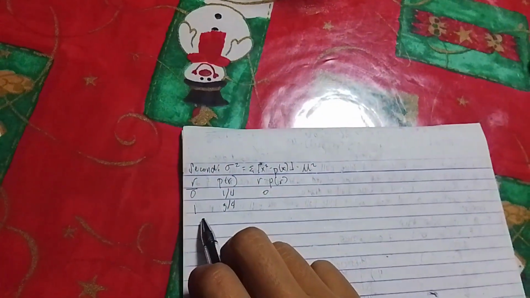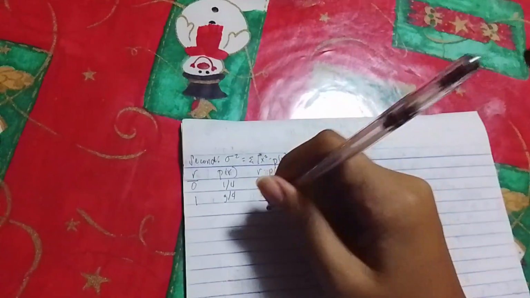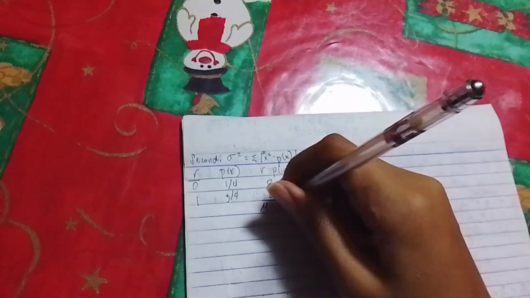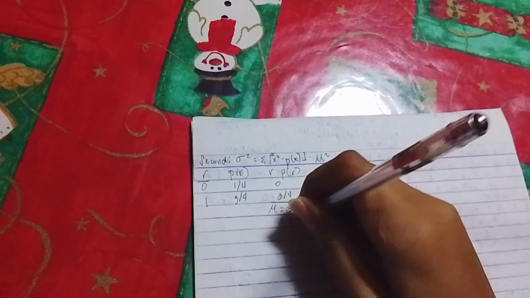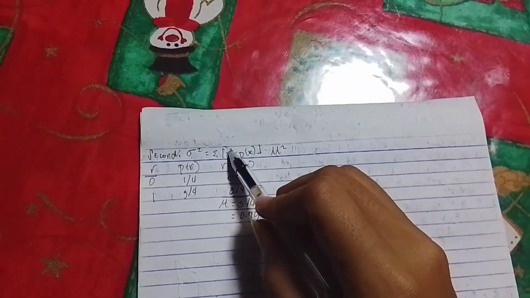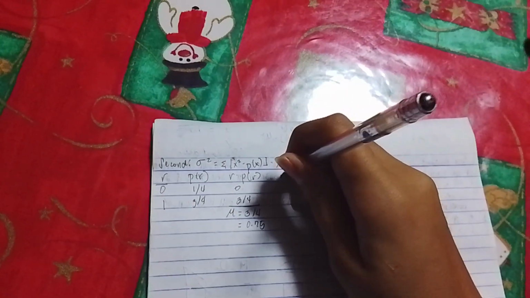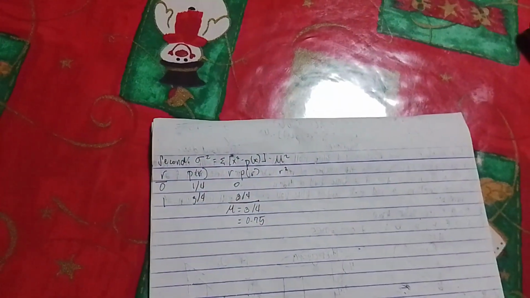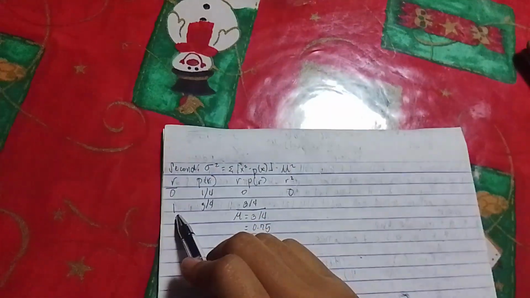0 times 1/4 is equal to 0, and 1 times 3/4 is still 3/4, which is our mean. 3/4 converted to decimal is 0.75. Since in our formula there's an x squared, we will also square our r. 0 squared is 0 and 1 squared is 1.